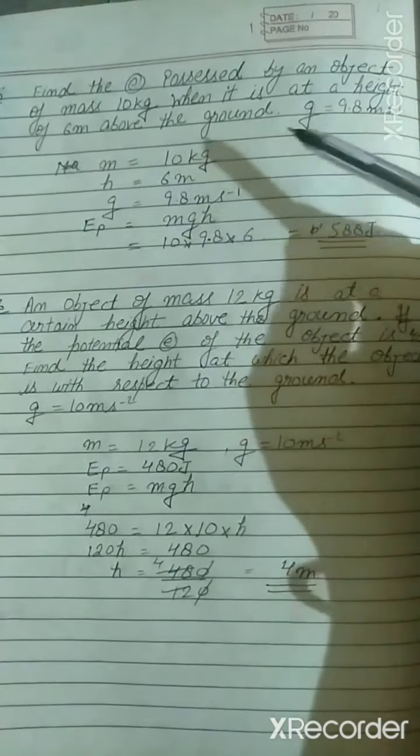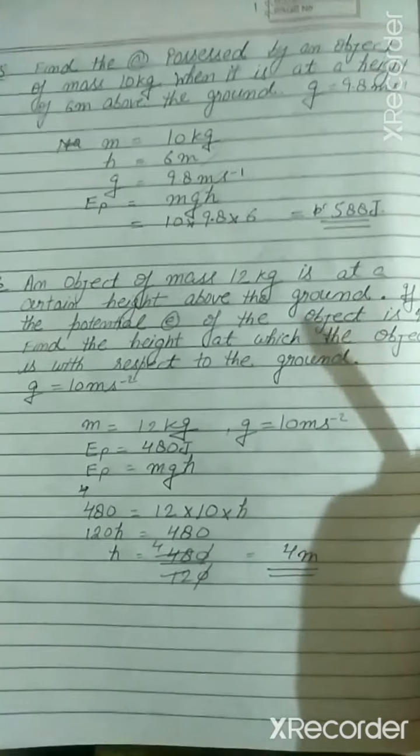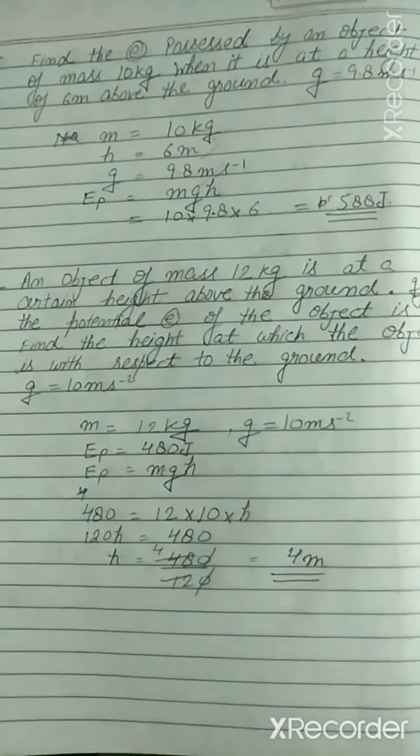Now another question. An object of mass 12 kg is at a certain height above the ground. If the potential energy of the object is 480 joule, find the height at which the object is with respect to the ground. So we have to calculate height here, right? Mass, that is 20 kg.